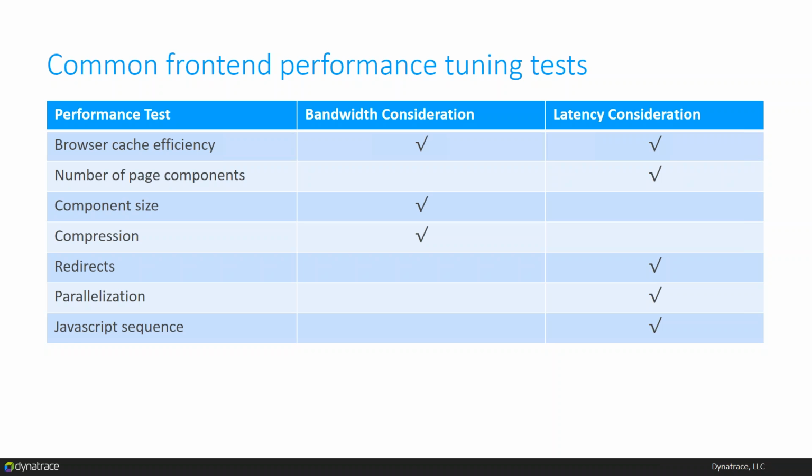The reason they test for number of page components and redirects is because if users are connecting over a link with very high delay or high latency, then those large number of page components and redirects are going to affect performance. So they really are network-centric tests.